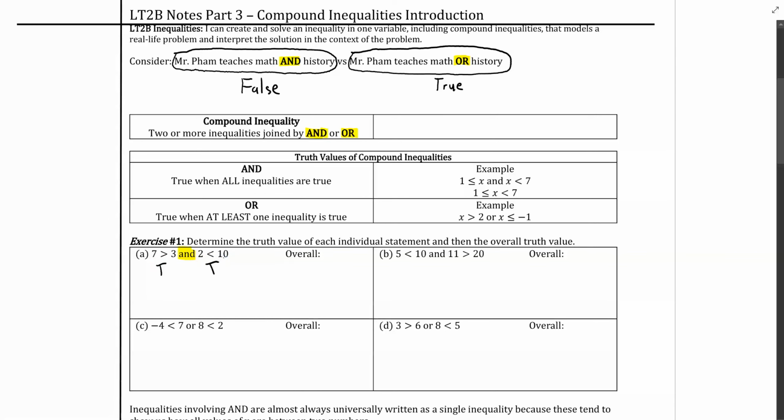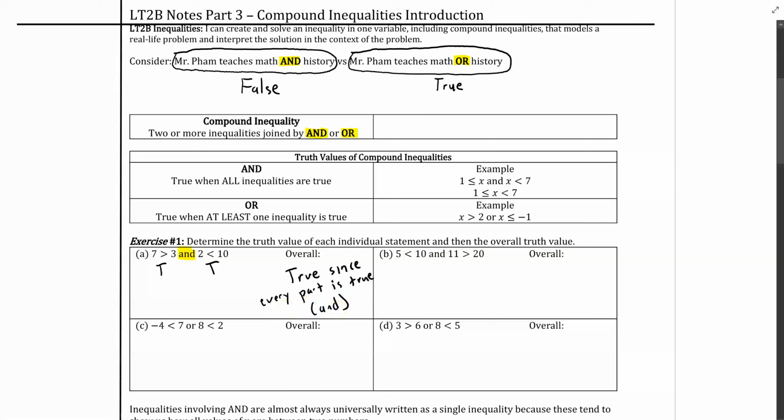Looking at the table above, the overall statement is true if every inequality is true. Well, there's 2 inequalities here, and they're both true. So overall, the entire thing is true, since every part is true for and.